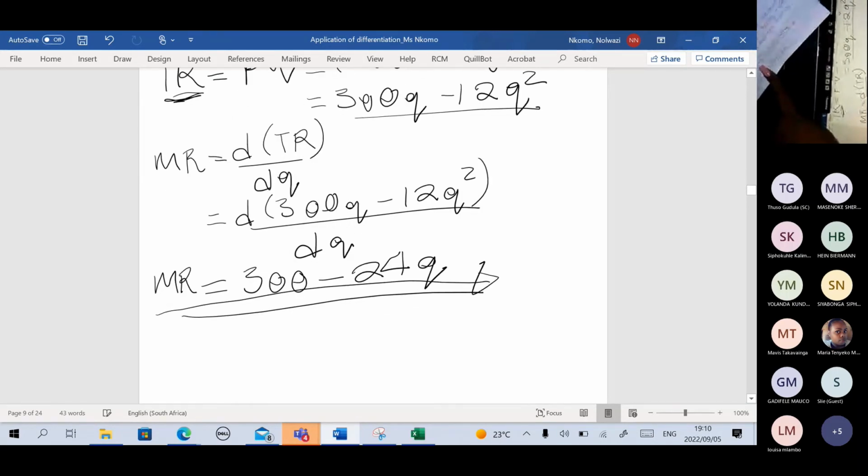Okay, now we have the demand function and the marginal revenue. What else can we find from what we did today if we are given these two equations? Can we find the average cost?